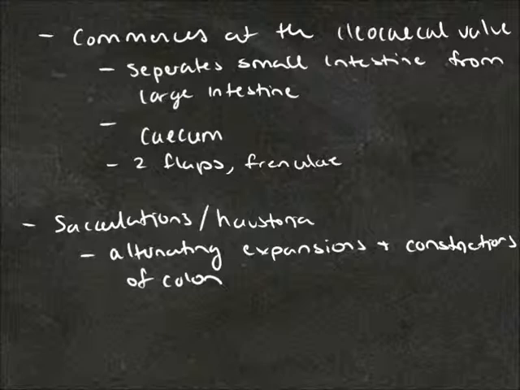They are formed by muscle called teniae coli. And these are three longitudinal ribbons of smooth muscle which run on the outside of the colon.